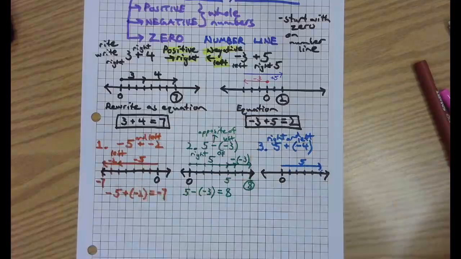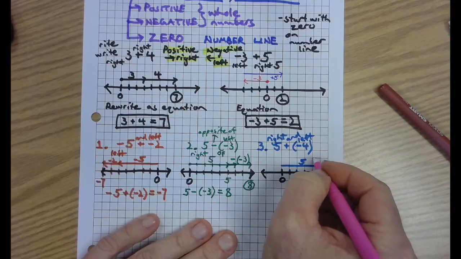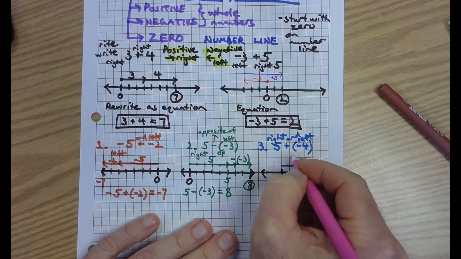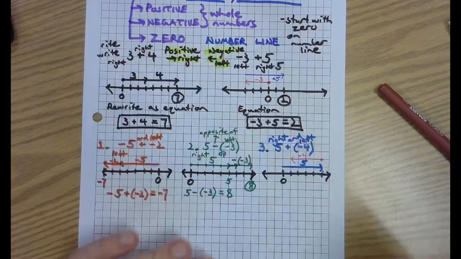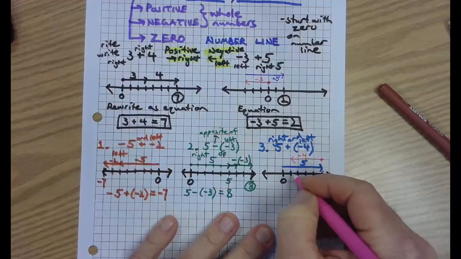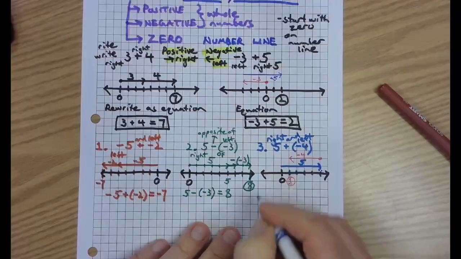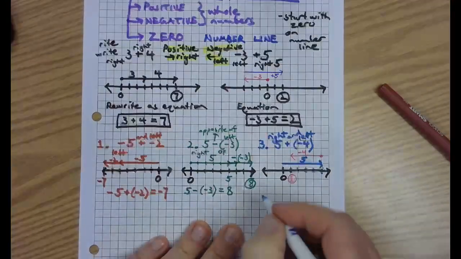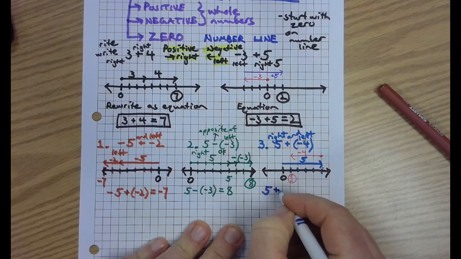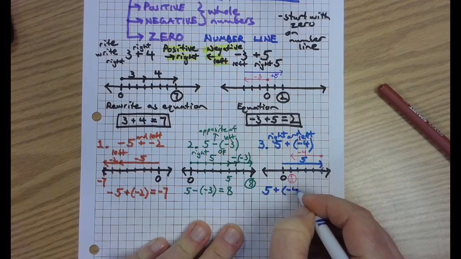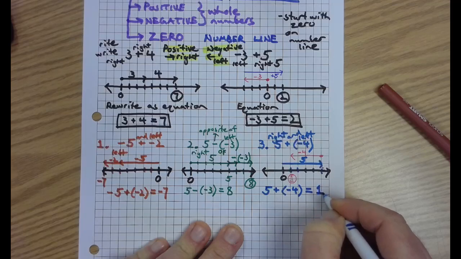Switch colors to switch directions. 1, 2, 3, 4. Lands me at right 1. Okay, I'm just going to write this equation. Right 5 and left 4 landed me on right 1.